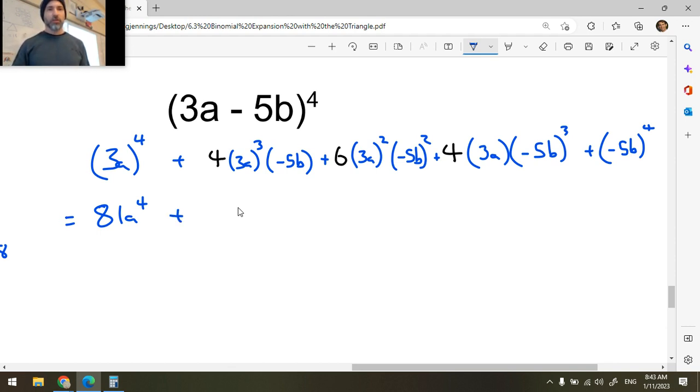Plus 4 times 3 cubed times negative 5. 3 cubed is 27. 4 times 27 is 108. 108 times negative 5 is 540, but it's negative. So instead of plus, we could have minus 540 a cubed b.